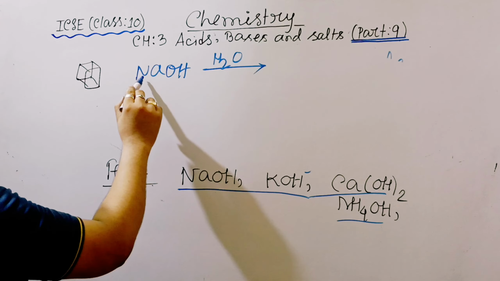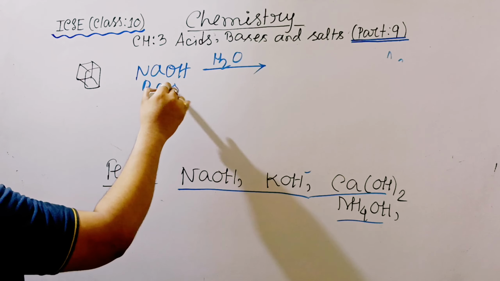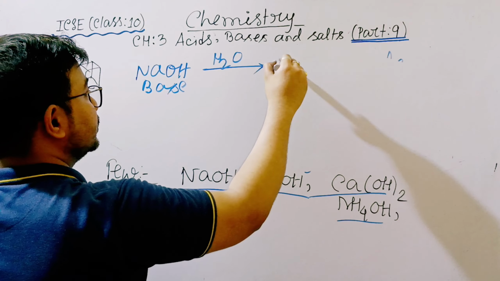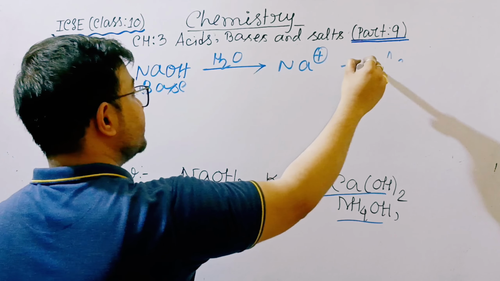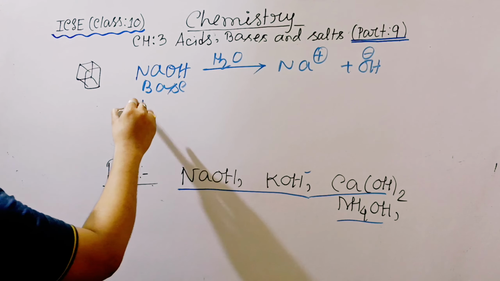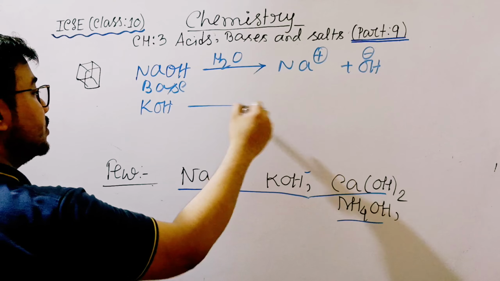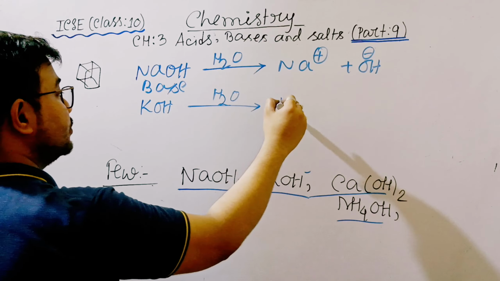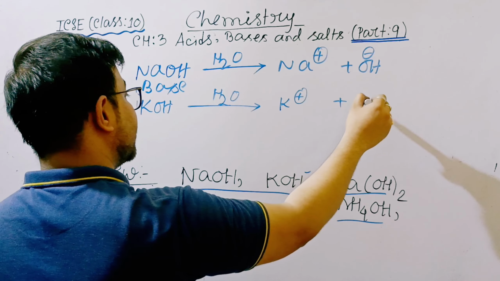Since this is a base, it will produce Na plus and OH minus, so it is an alkali. KOH, when dissolved in water, also produces K plus and OH minus.